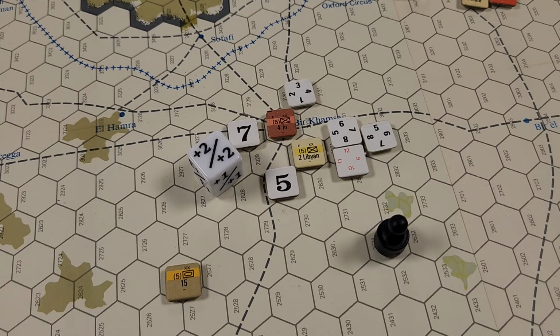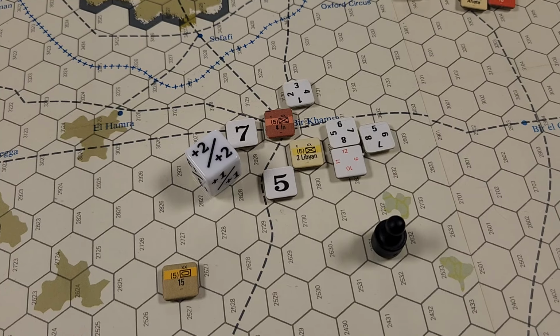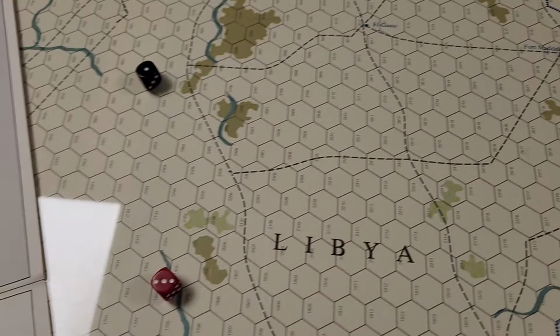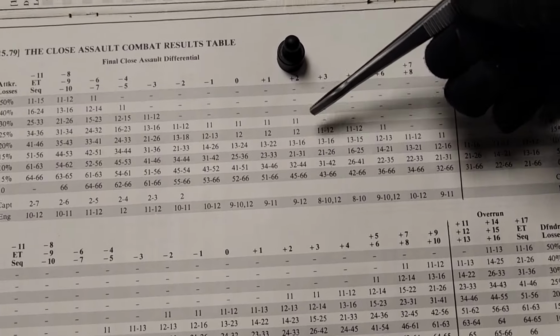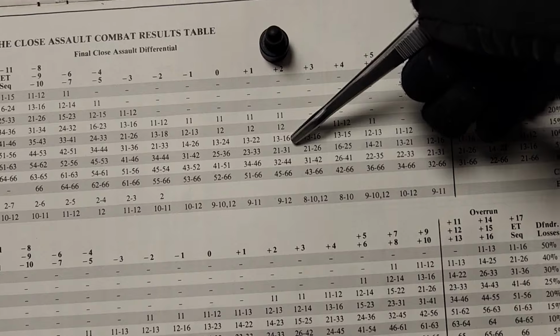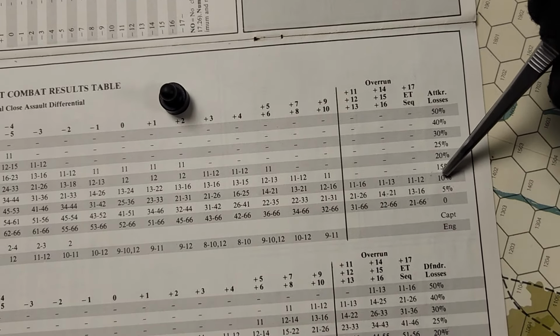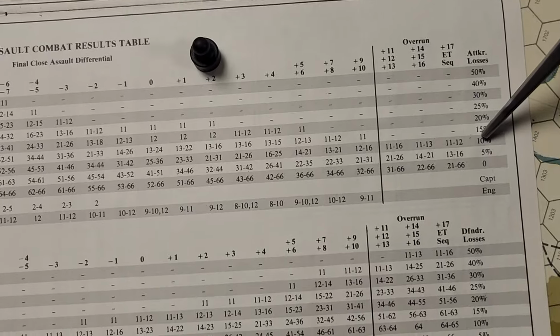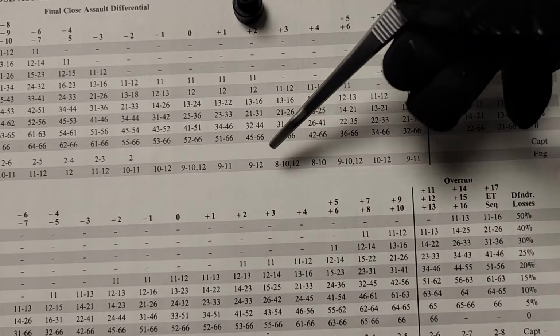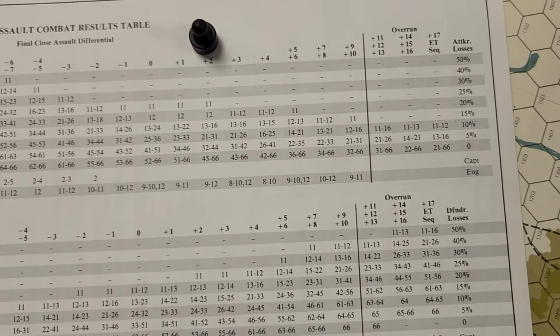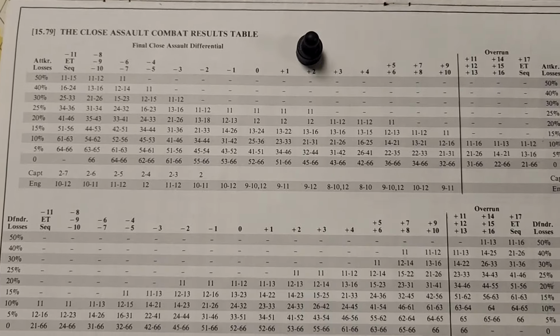Combat table, we roll a 31 for the Italians, 31 on the combat table. The Italians are going to lose 10%, and 31 equals 4, 3, 1. Nothing. So we're going to lose 10%.